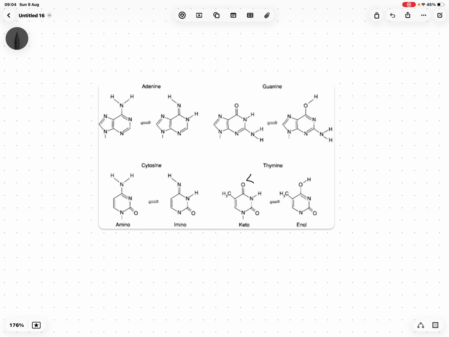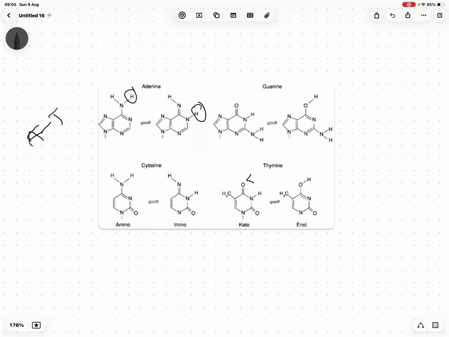That is tautomerization. During tautomerization, the proton from the amino group is transferred to another atom on the same molecule. This proton shift also affects pairing. Usually adenine pairs with thymine, we know that.